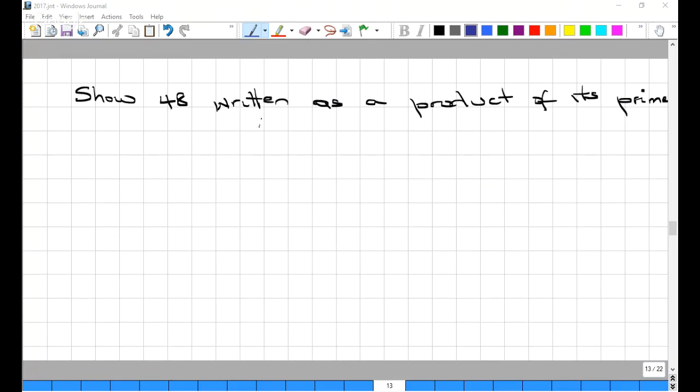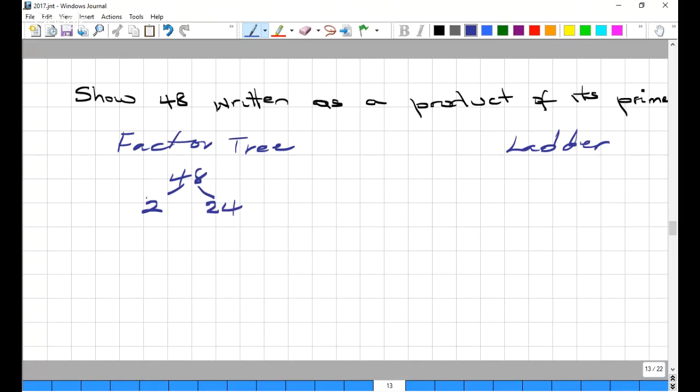2 times what would give me 48? 24. Now 2 is already prime, so I'm going to keep this.